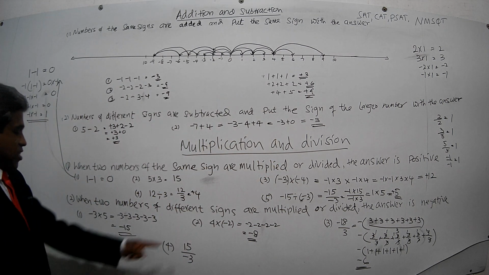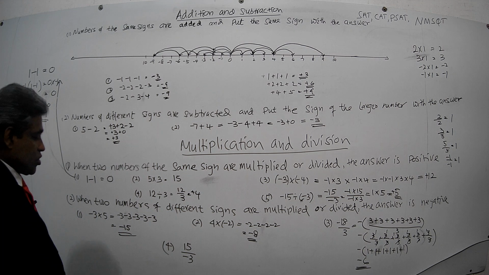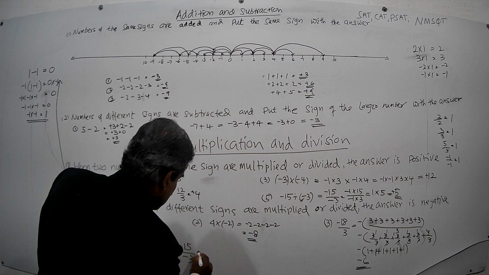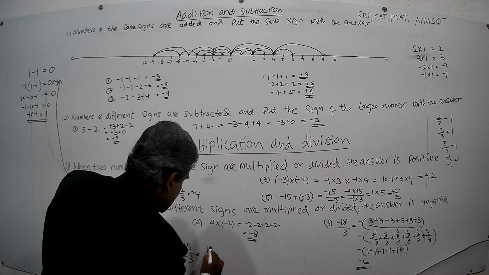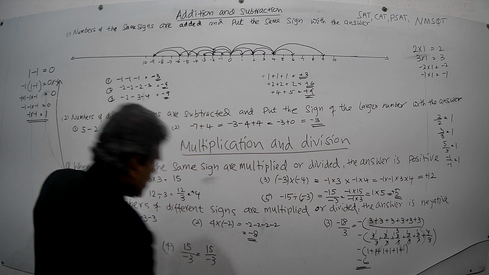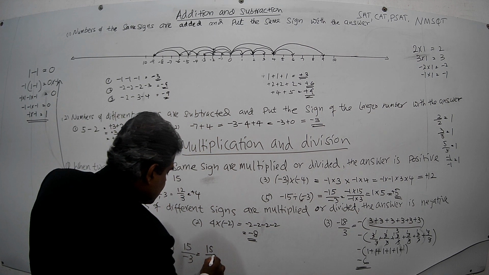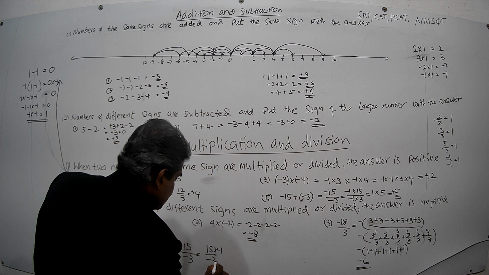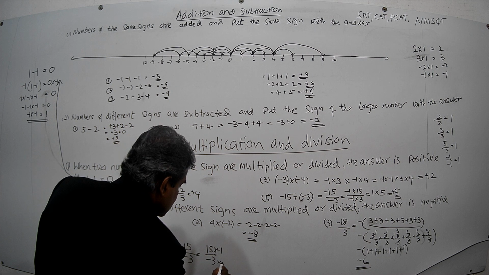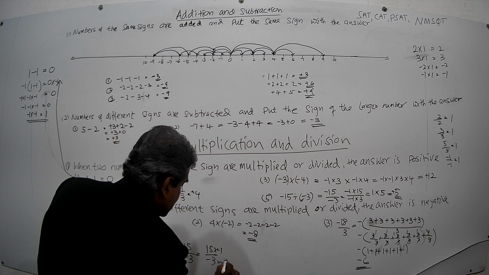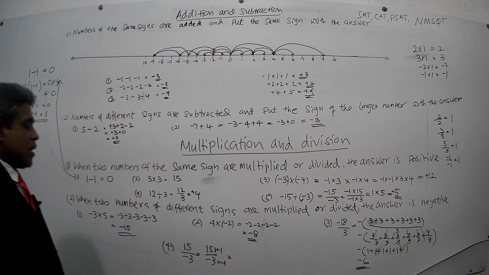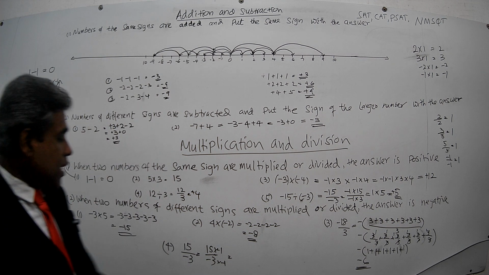Now you go to this 15 over minus 3. How do you do this one? First of all, you multiply both top and bottom by minus 1.